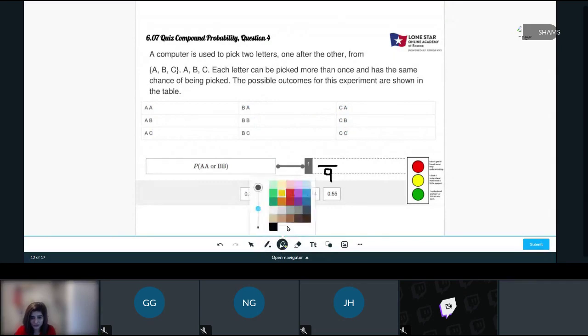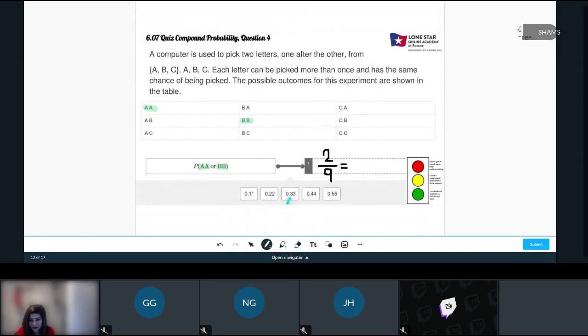What do we want? We want AA. AA is just 1. Or we want BB, and BB is also 1. Altogether, favorable outcomes are just 2 out of 9. This question did allow you to use a calculator. So if you did 2 divided by 9, it should give you the decimal value.